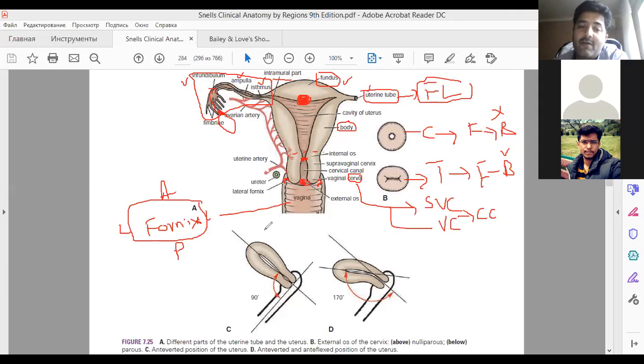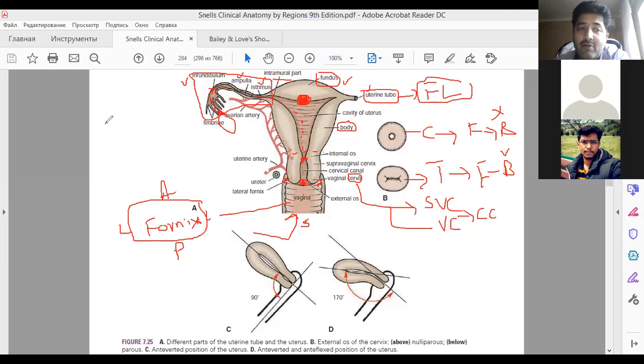Whenever sperm cells or spermatozoa enter through the vagina, they pass through all this pathway, through the vagina and the uterus. Then they pass the intramural part of the fallopian tube, and then the isthmus. The isthmus is also known as the anatomical constricted part of the fallopian tubes.